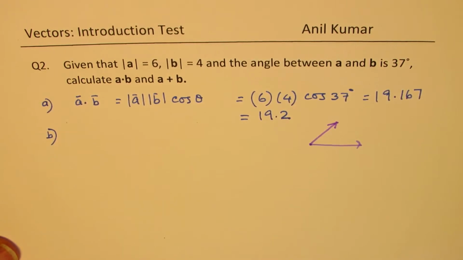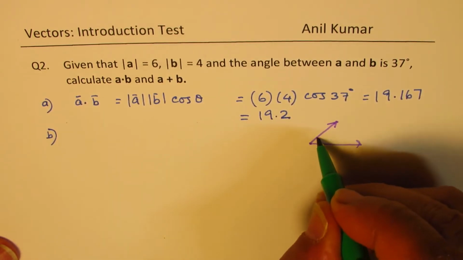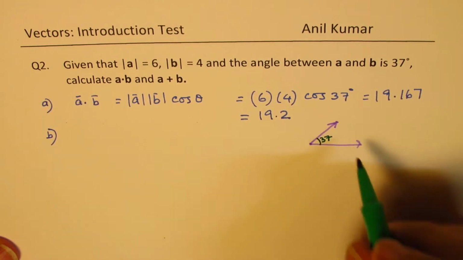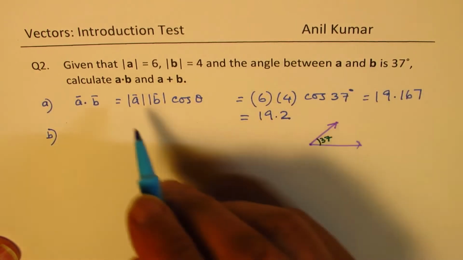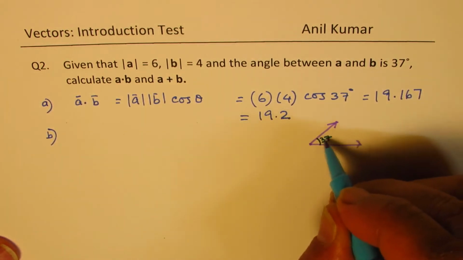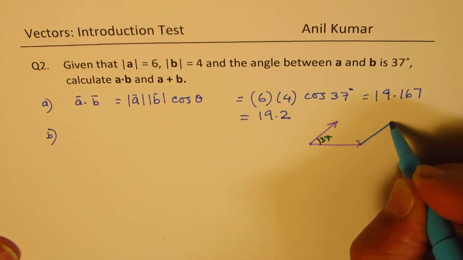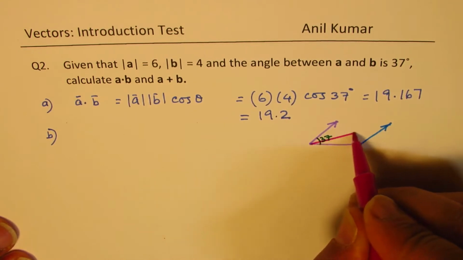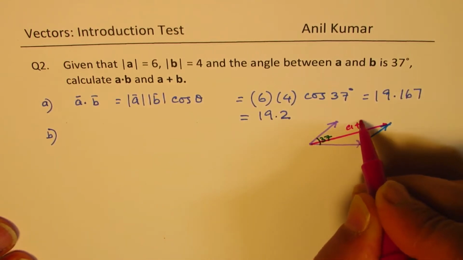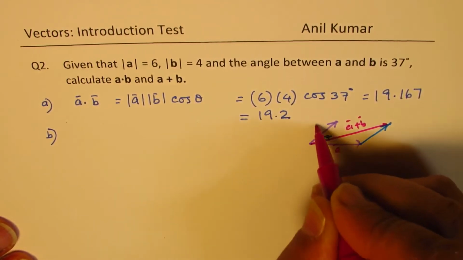The angle between them is 37. But when you add the vectors, in that case, you draw a vector parallel to B here, right? And the resultant is the sum. So A plus B is this vector. Clear? If this is A, this is B.